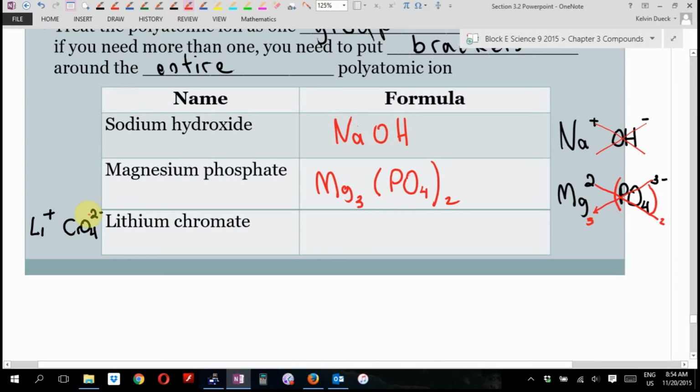When I use my crisscross rule, this is nice because how many CrO4s am I going to need? 1. So am I going to need brackets this time? No. But how many lithiums am I going to need? 2. So Li2CrO4. Not going to bother putting brackets or 1. And again, you would call that lithium chromate.